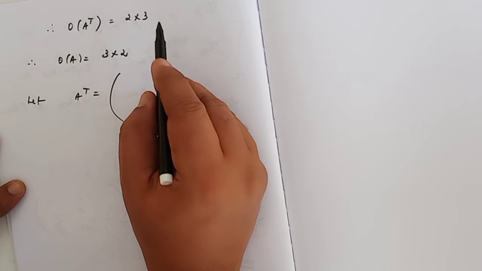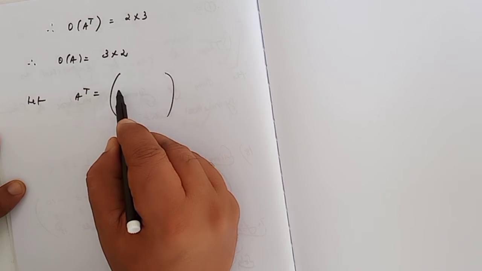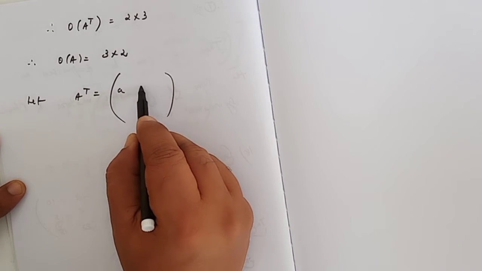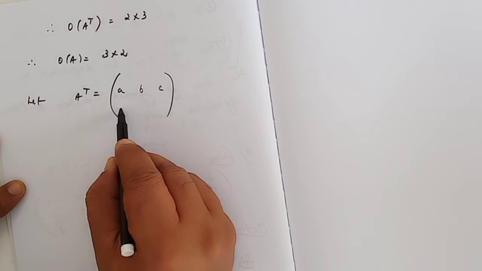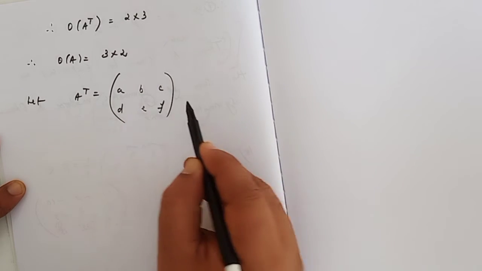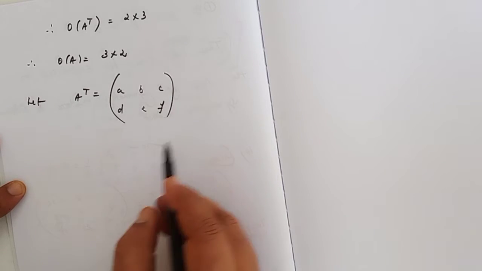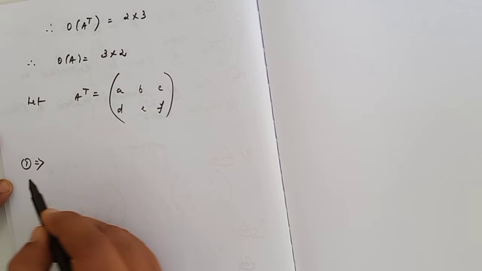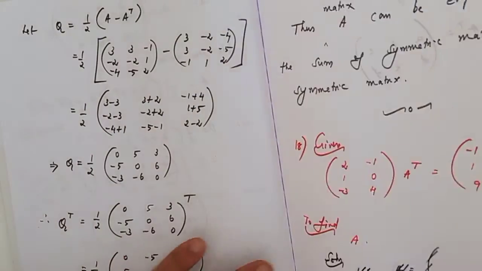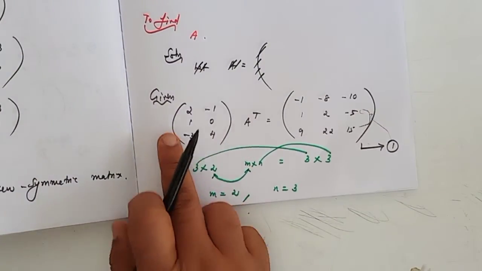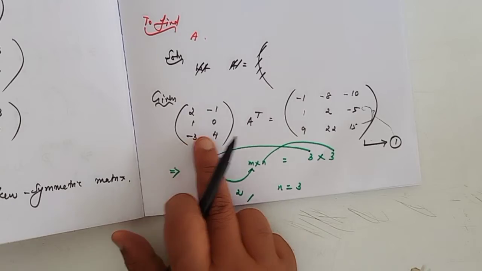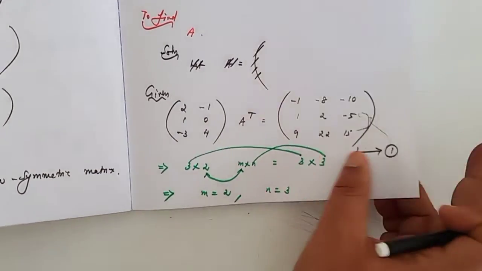So I consider it as A, B, C, D, E and F. How many rows? 2 rows, 3 columns. Now equation 1 implies, look at equation number 1, write this matrix as it is: 2 minus 1 1, 0 minus 3 4.